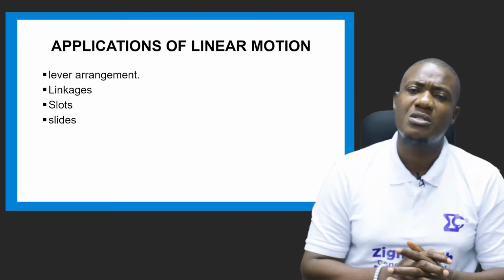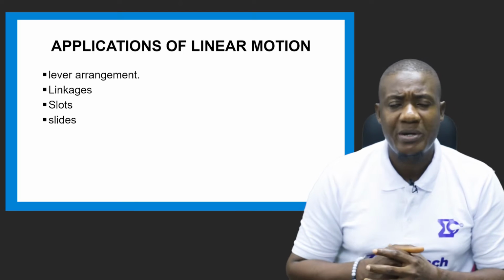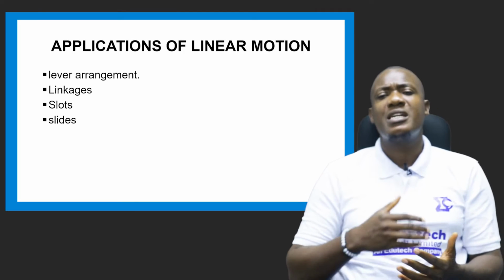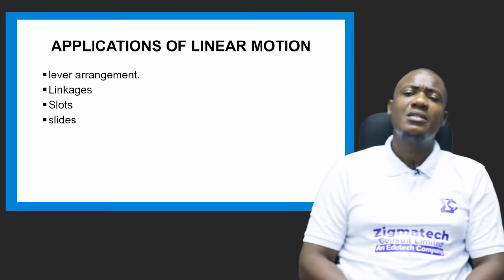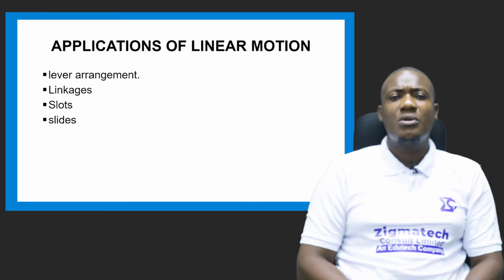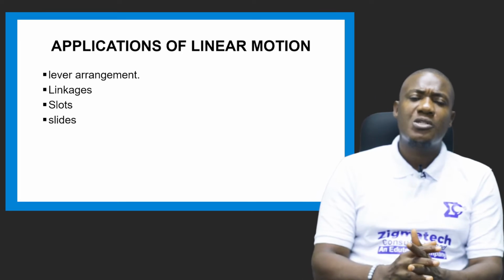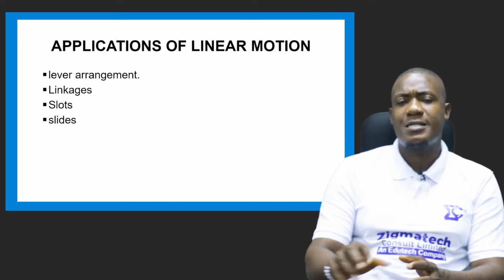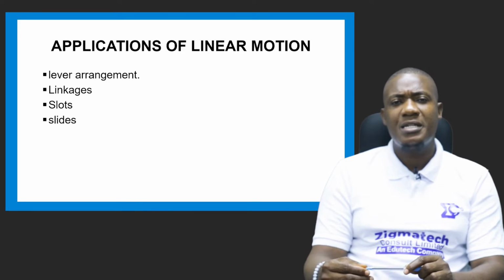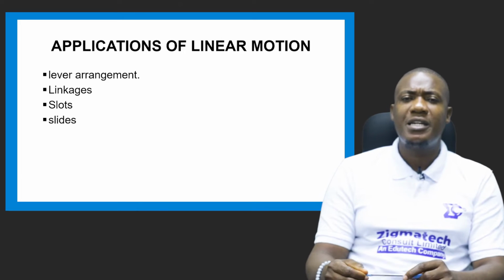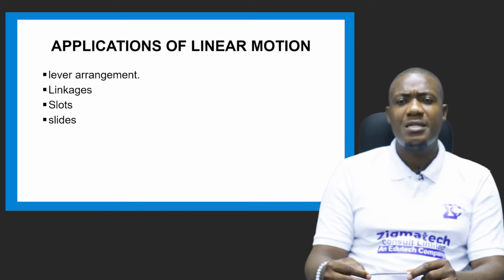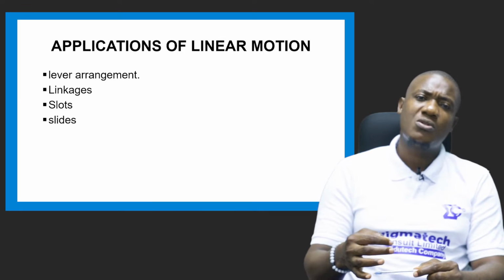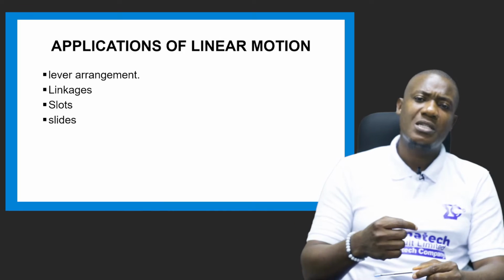Linear motion is applied in lever arrangements, in slots, in linkages, in slides. If you imagine the slots at maybe the barrel of your pen and the ink tube of your pen, we have linear motion in that regard.